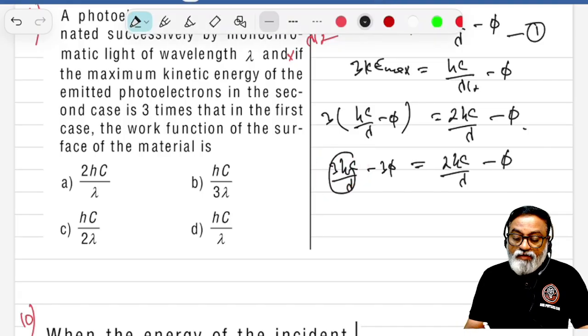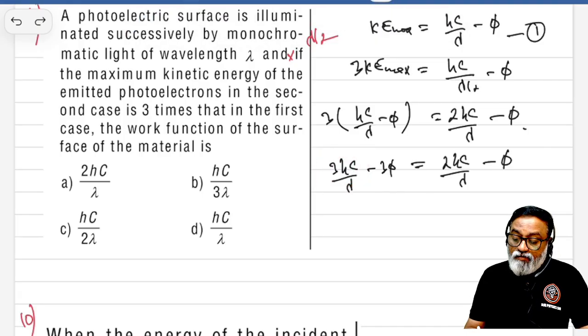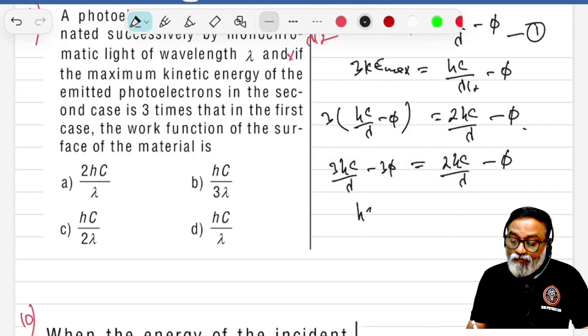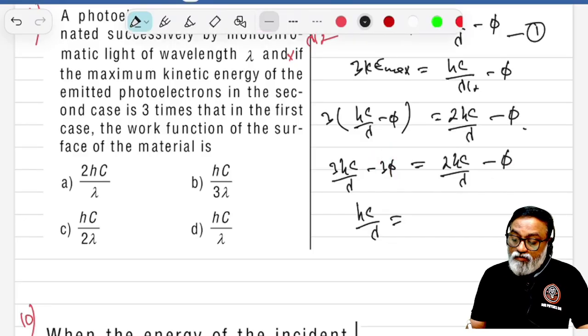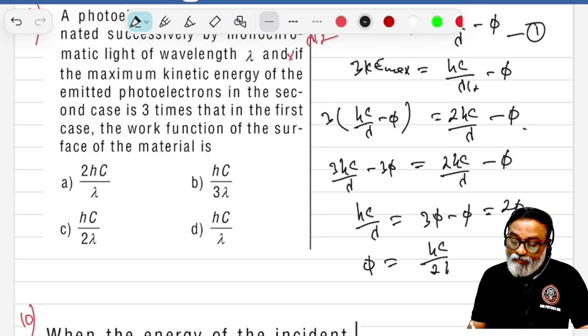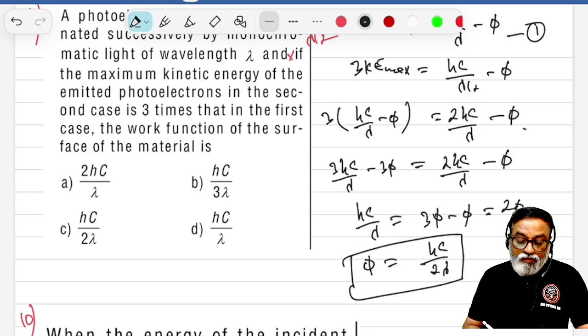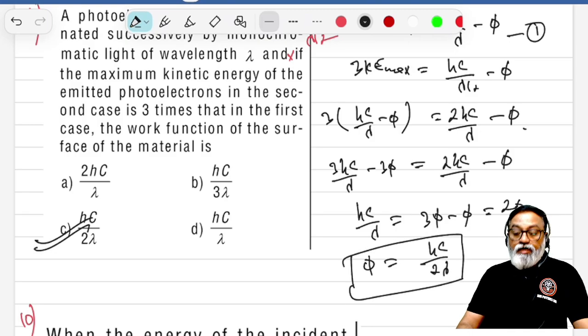Therefore, 3hc by lambda minus 2hc by lambda is hc by lambda. That is equal to, 3 phi coming to this side, plus 3 phi minus phi, that is 2 phi. Therefore, phi is equal to hc by 2 lambda. Answer C is correct.